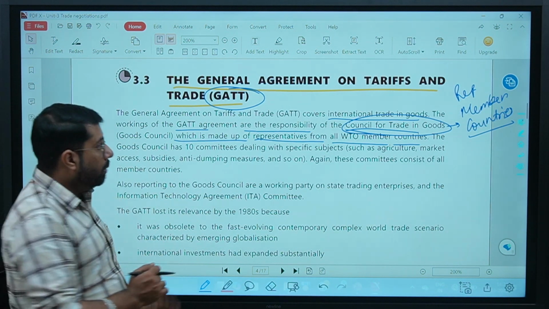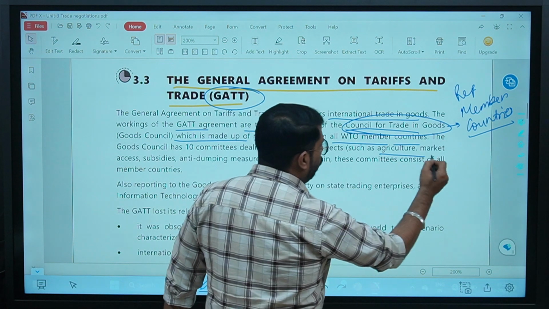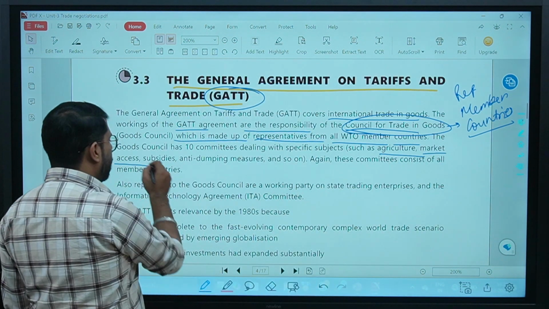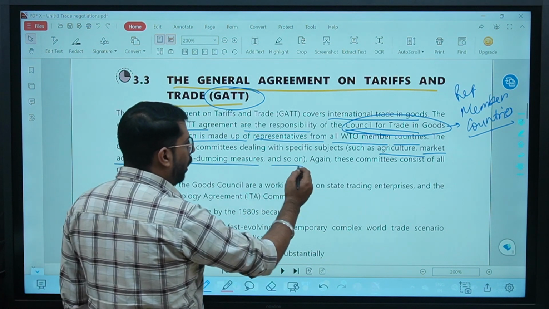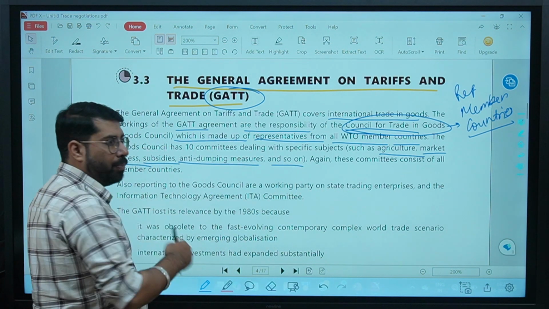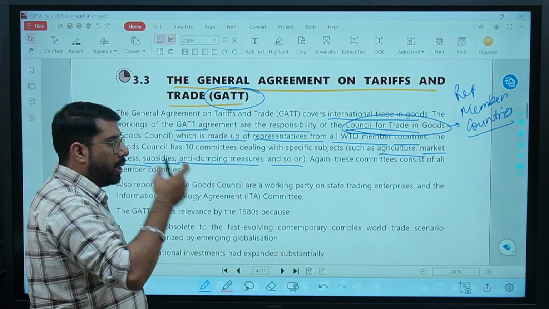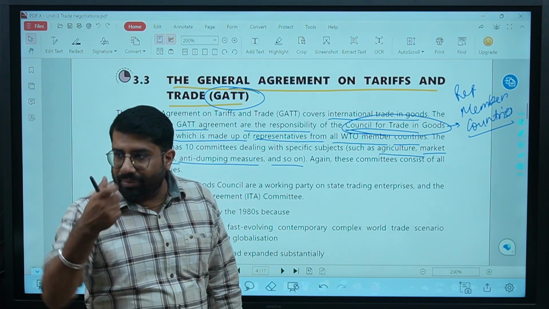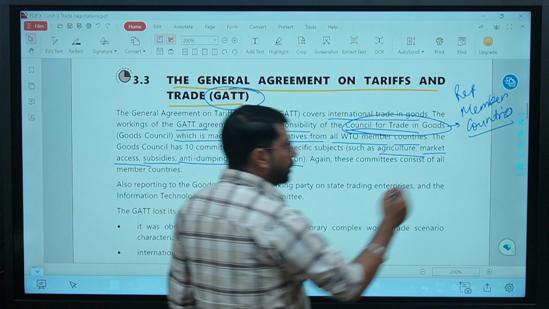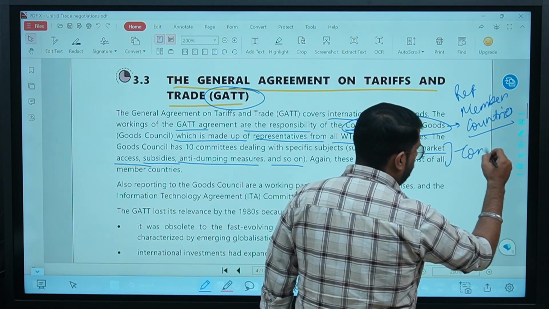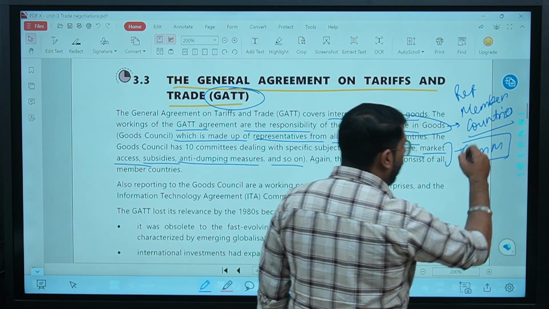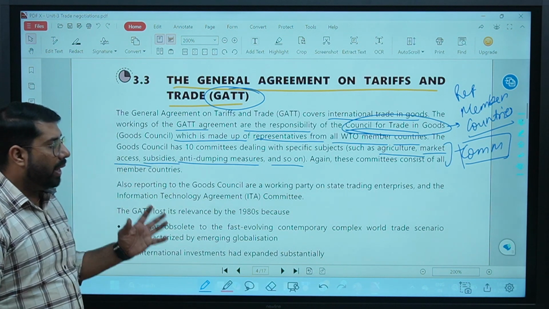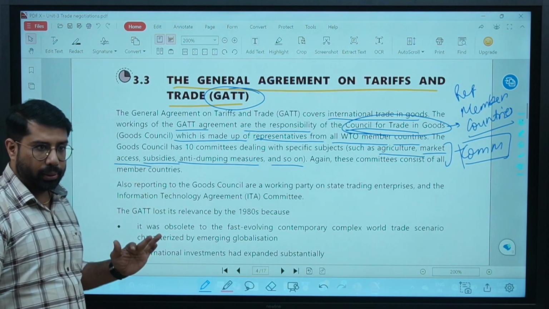Are we clear? In fact, whatever types of goods used to be traded, like agriculture, market access, subsidies, anti-dumping measures, and so on, for every particular area in GATT there was a different committee which used to specifically oversee that things are working fine as per the GATT or not.